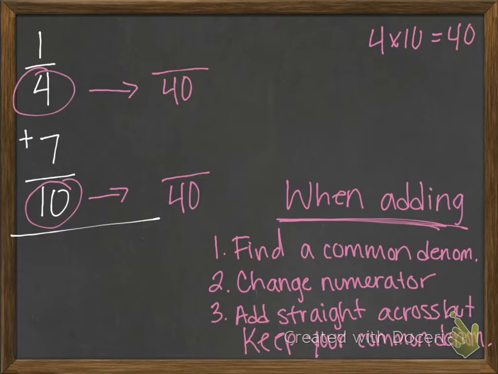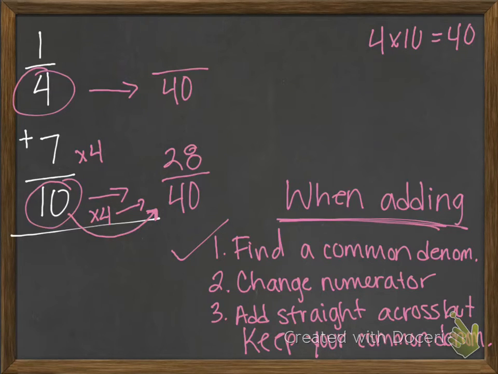All right, check. Step 2, we have to change the numerators. In order to change the numerators, we have to ask ourselves, how did we get from 10 to 40? What did we multiply by? Well, 10 times 4 gave us 40. So I have to do that to the top. 7 times 4, and I get 28.